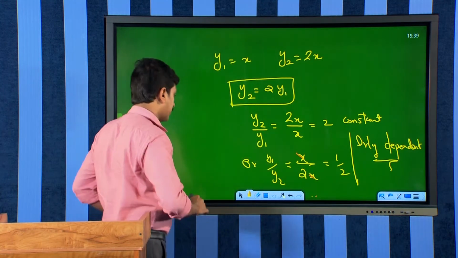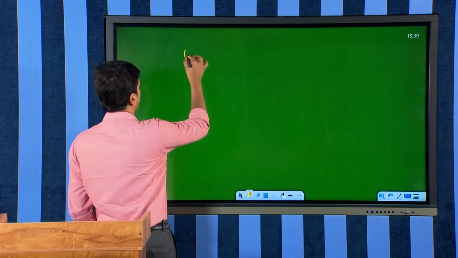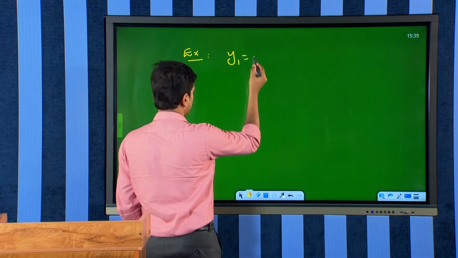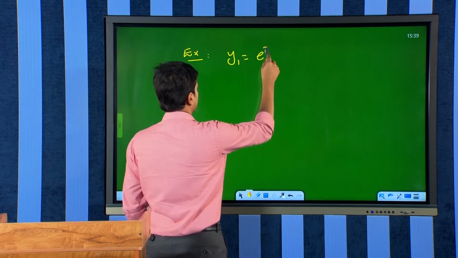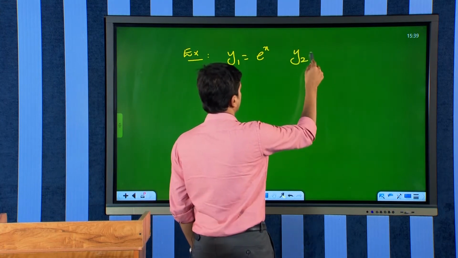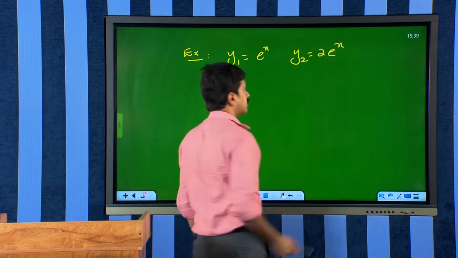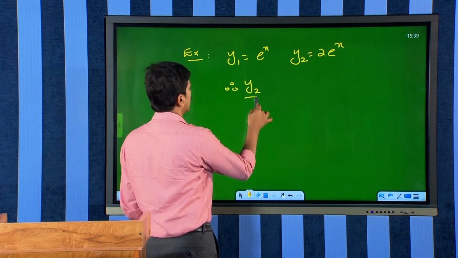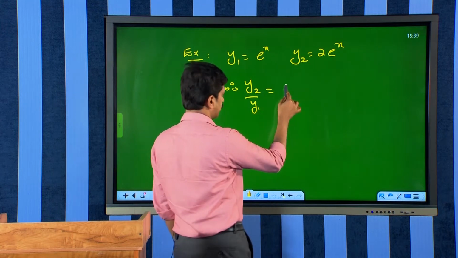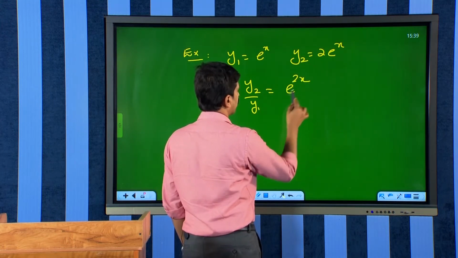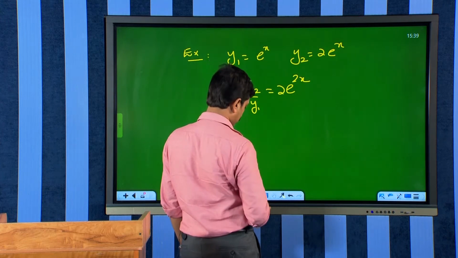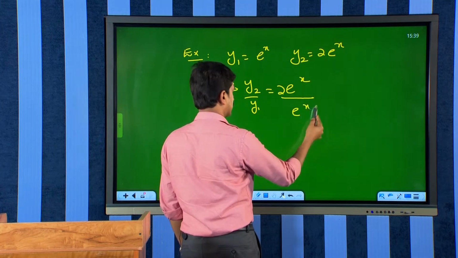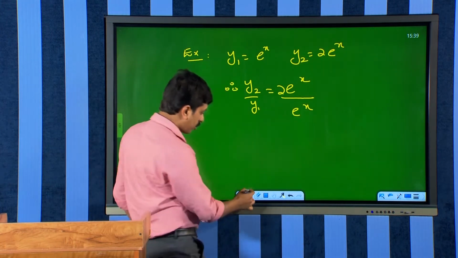See dear students, as another example, y1 = e^x and y2 = 2e^x. Therefore y2 divided by y1 is 2e^x divided by e^x.